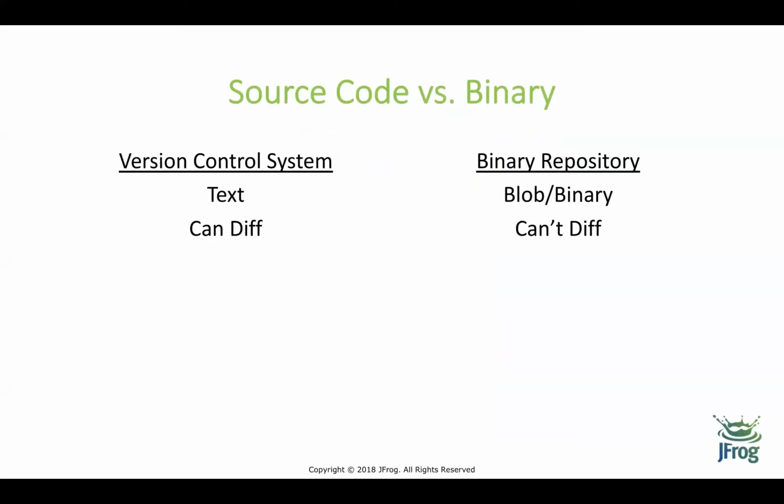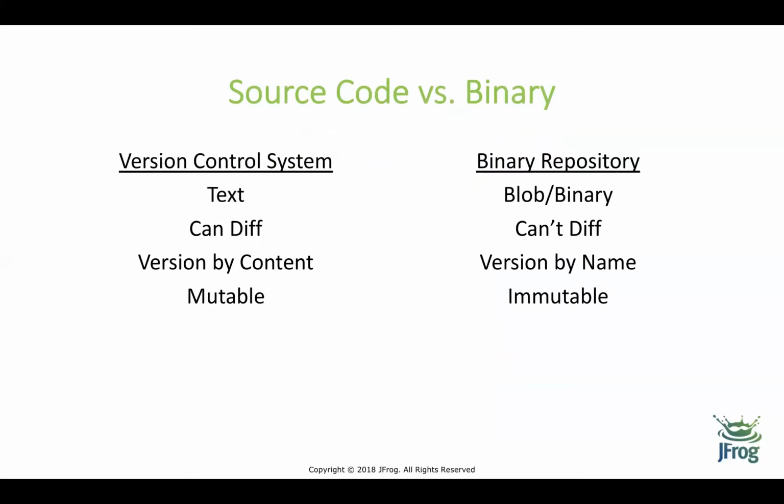With source, you can diff them. With binaries, you cannot diff them. Source is often versioned by content, whereas binaries are versioned by name. Source is mutable, whereas binaries are immutable. So once the objects are created, they aren't modified.